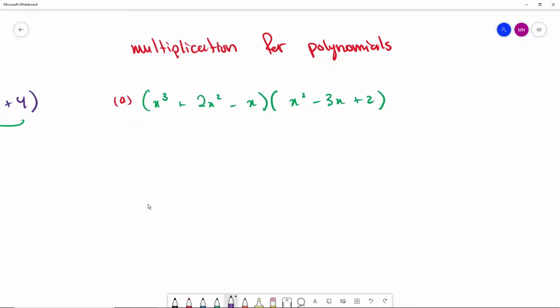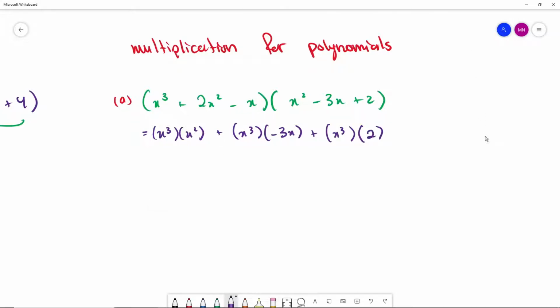Each term in the first bracket needs to be multiplied with each of the terms in the second bracket. That means we have x to the power of 3 multiplied with x squared, and then x to the power of 3 multiplied by negative 3x, plus x to the power of 3 multiplied with 2.